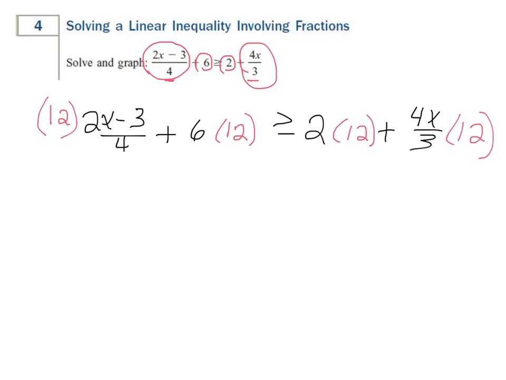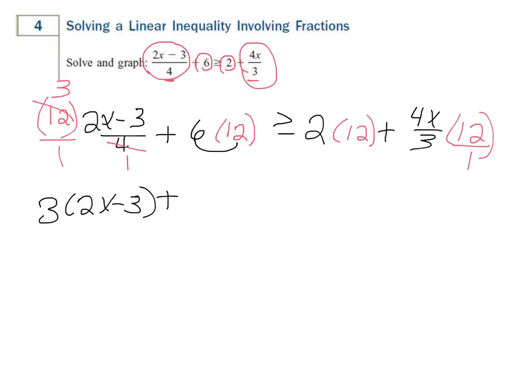Because now you can simplify. So 4 goes into 4 once, and 4 goes into 12 3. So now I've got 3 times 2x minus 3 plus, 6 times 12 is 72, greater than or equal to 2 times 12 is 24 plus, and now here we're going to cancel. 3 goes into 3 once, 3 goes into 12 4.